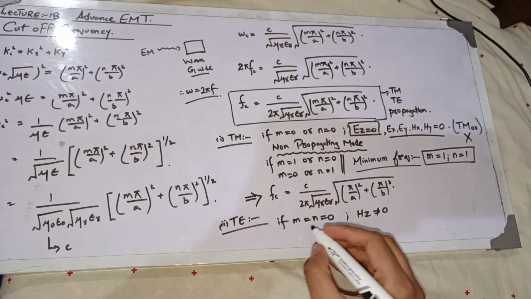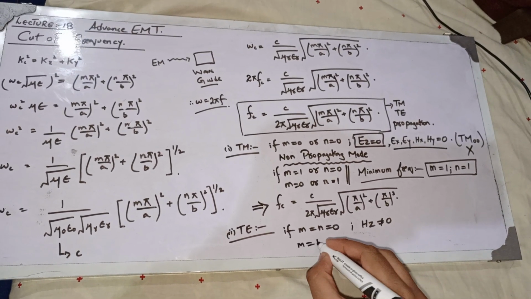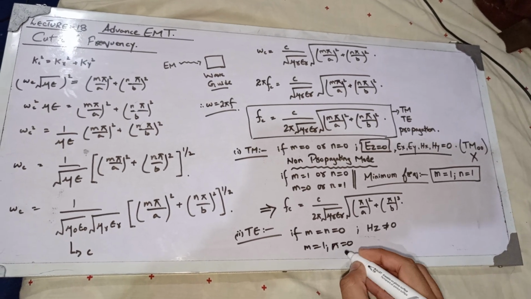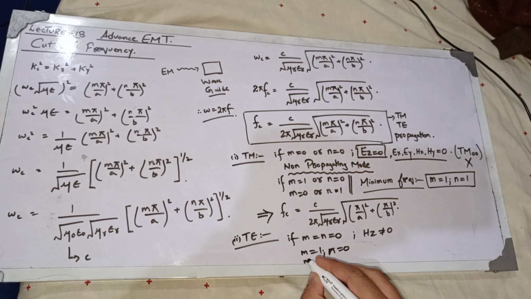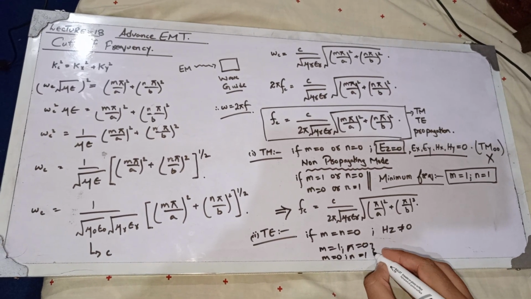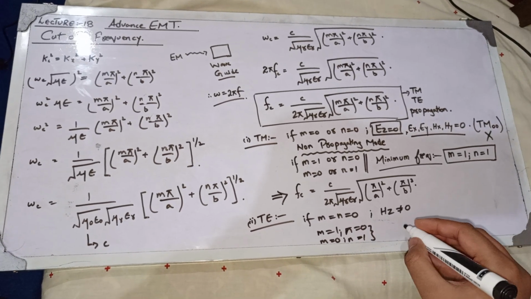But if m equals 1 and n equals 0, and there is another condition, if m equals 0 and n equals 1, in both scenarios what should happen?